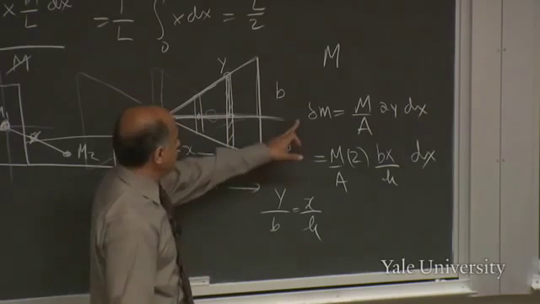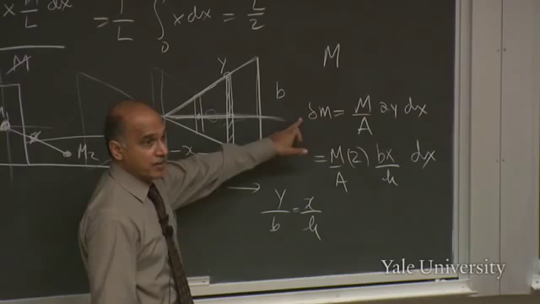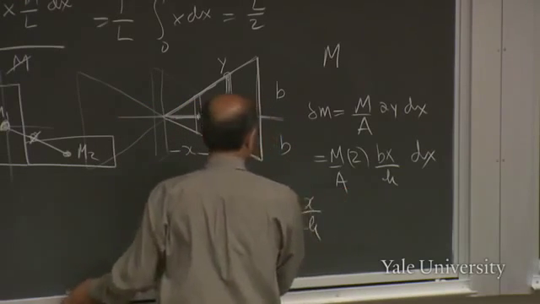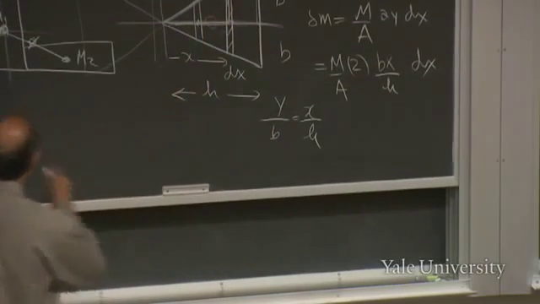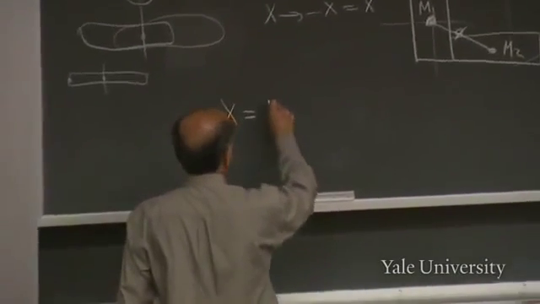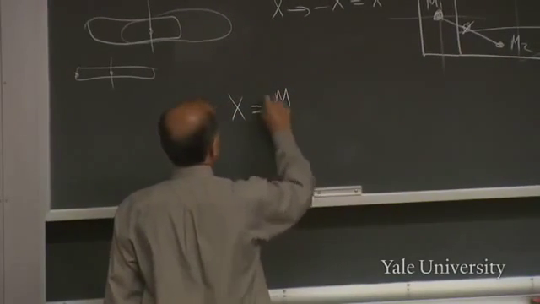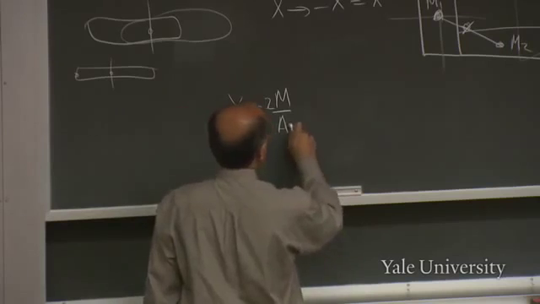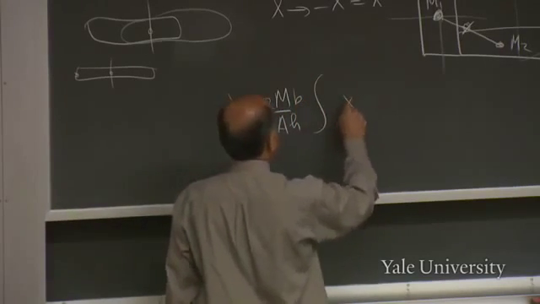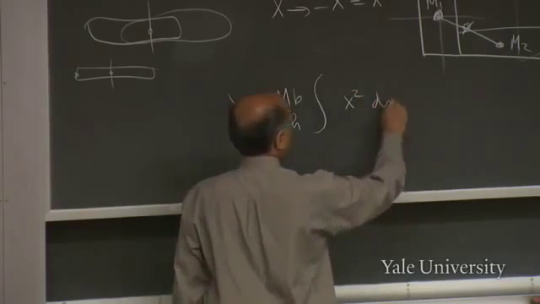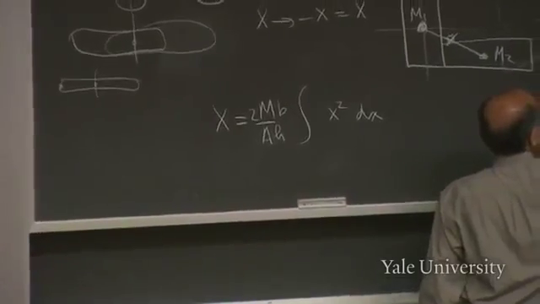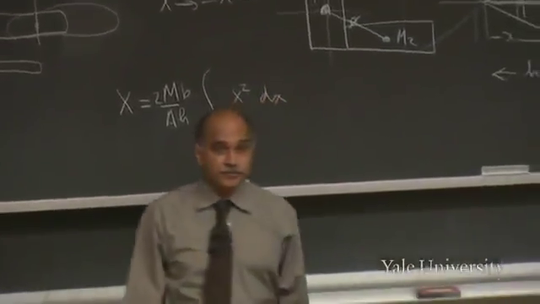I've got to do the weighted average of all of them. So remember, I don't just integrate this over x. That will just give me the mass of the body. I should multiply it by a further x and then do the integral. So what I really want to do to find the center of mass x is to take that mass I got, m over A, there is a 2, there's an h, there is a b, there's an x from there and another x, because you have to multiply this by the x coordinate of the center of mass of this sliver.